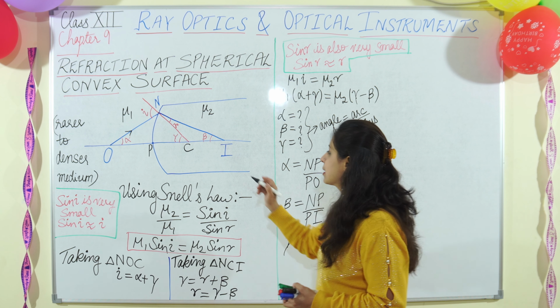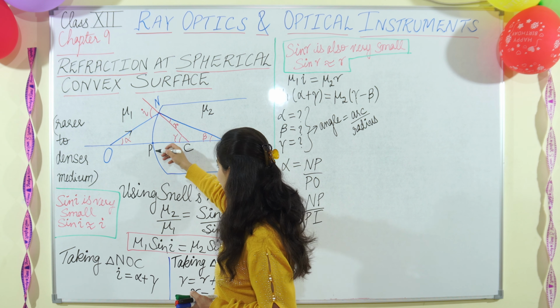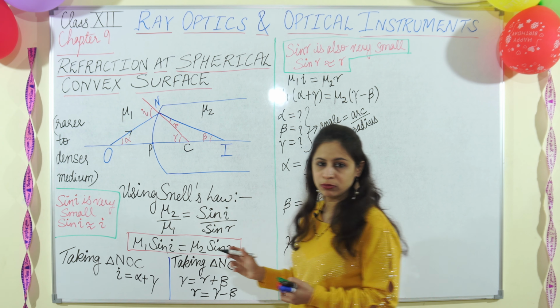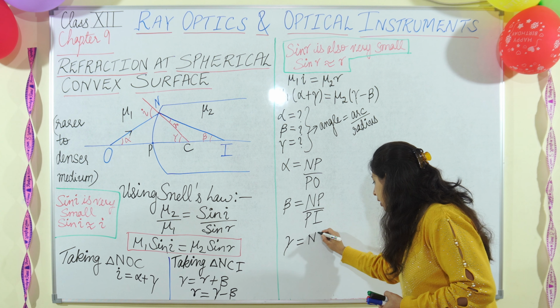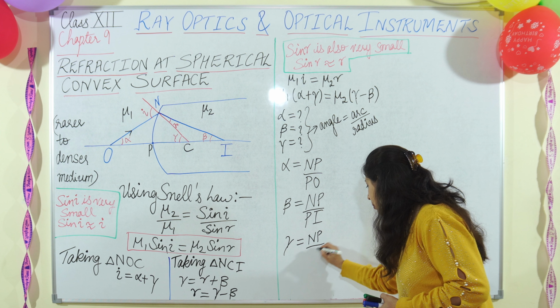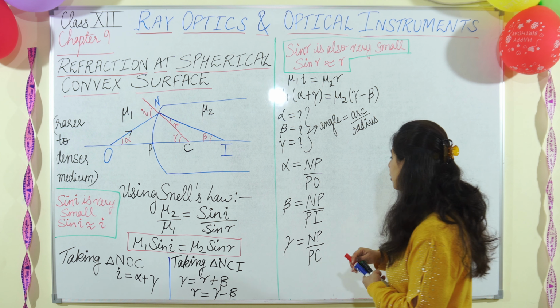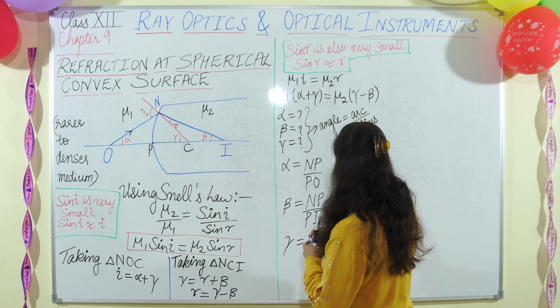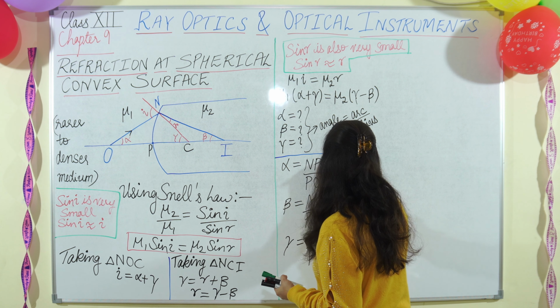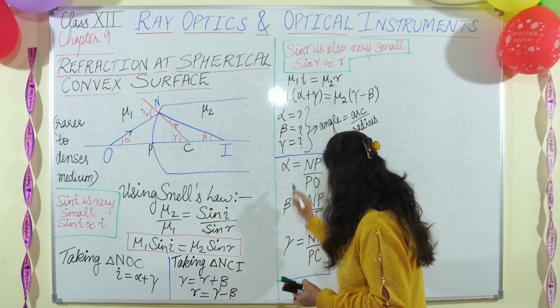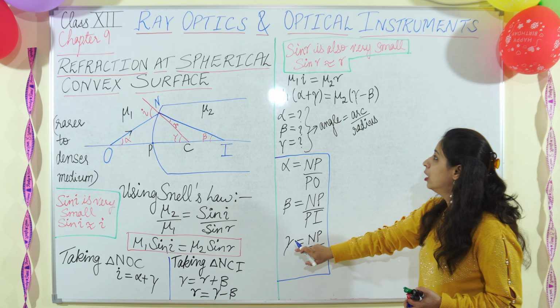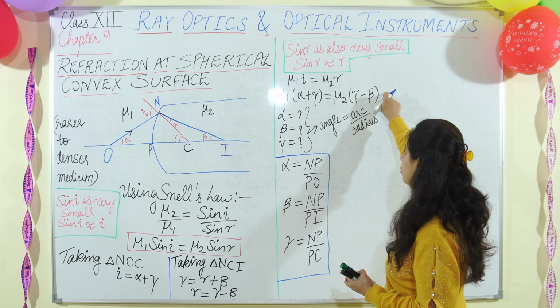For gamma, it is clear. Gamma will be equal to NP upon PC. So we have got these values. These values of alpha, beta and gamma we will be putting in this equation.